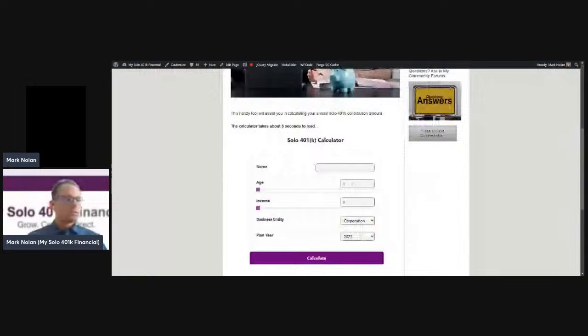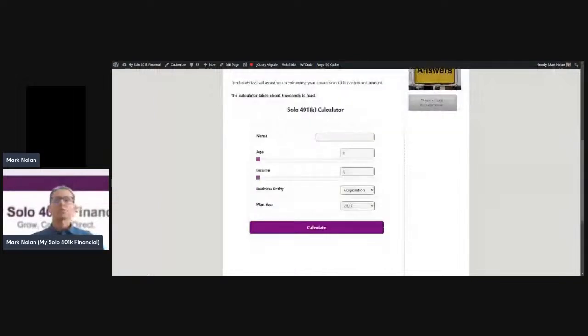So let's do a 2024 calculation first. Again, here we're doing a Mega Backdoor Roth Solo 401k calculation for a business that's taxed as an S corporation, C corporation, or if it's an LLC, taxed as an S corporation, which means it's going to be based on W-2 wages.